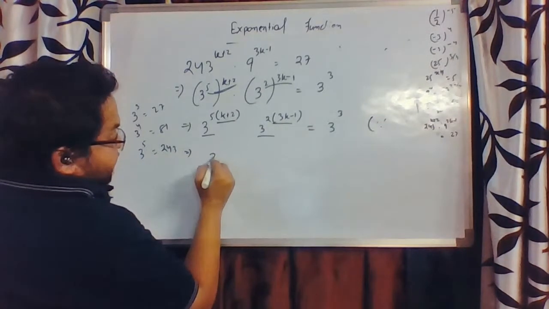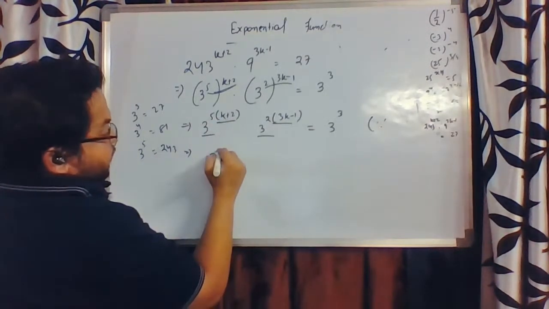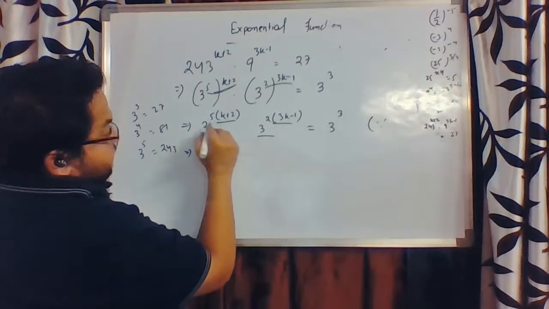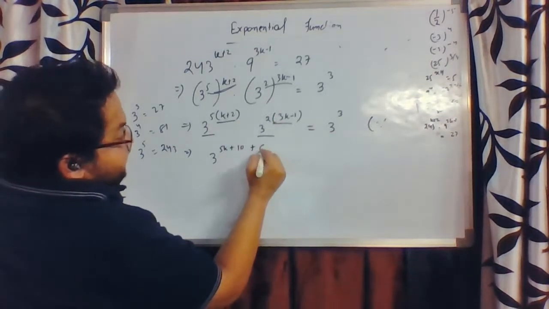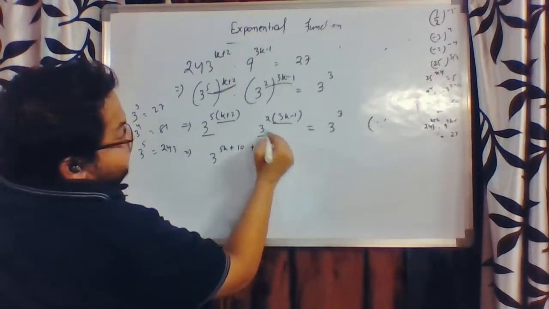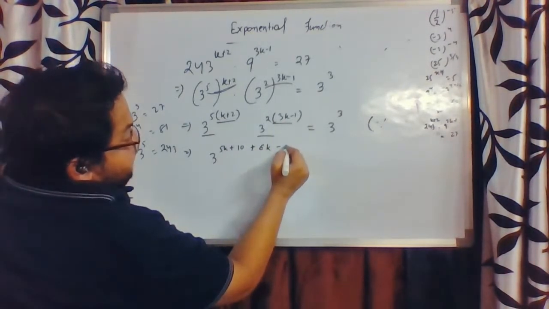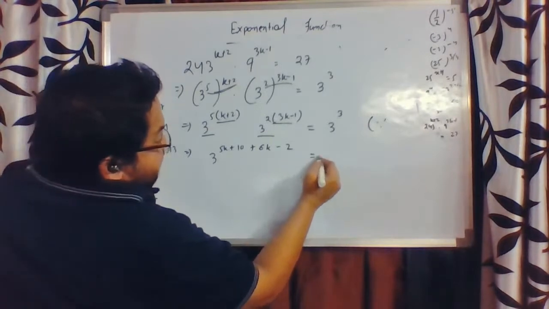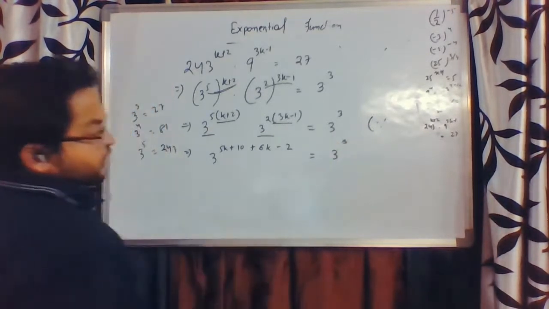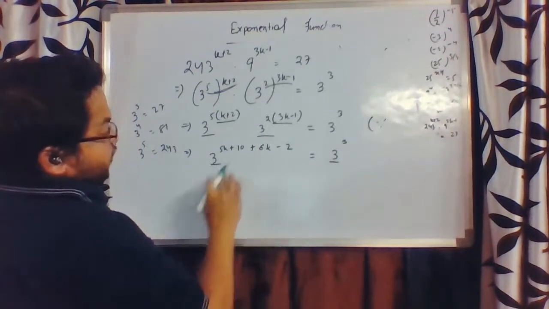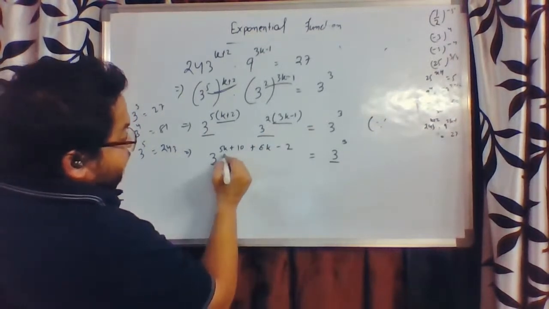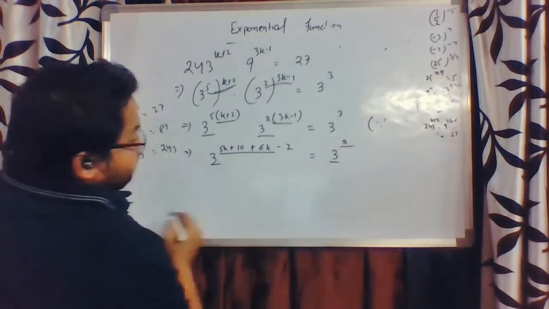So I can say 3 to the power 5k plus 10 plus 2 into 3k is 6k, minus 2 into minus 1 is nothing but minus 2, equals 3 to the power 3. Now, my bases are non-zero, bases are equal. So obviously my indices have to be equal. So this much must be equal to this much.